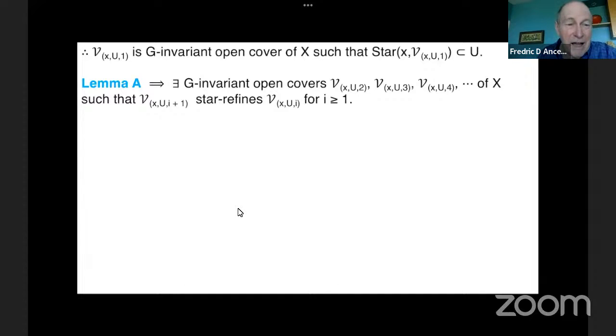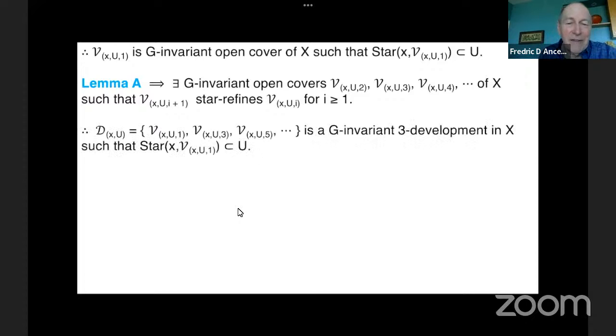And then I apply this key lemma to create a sequence of star refinements of these open covers. They form a star development, which if I then skip every other element, I get a 3 development.